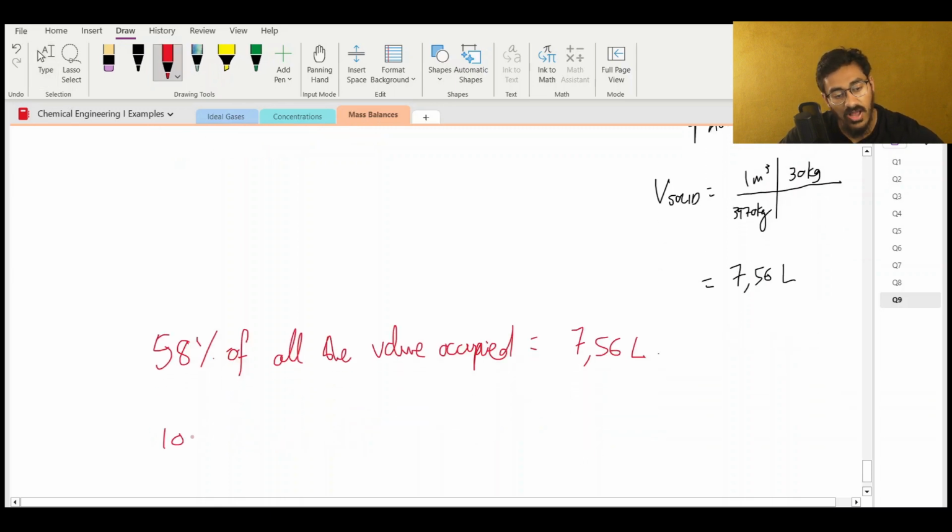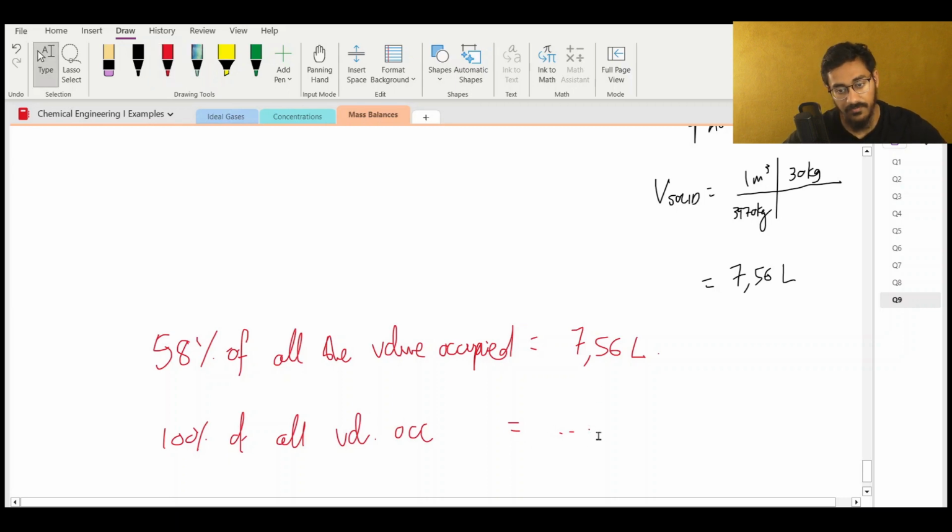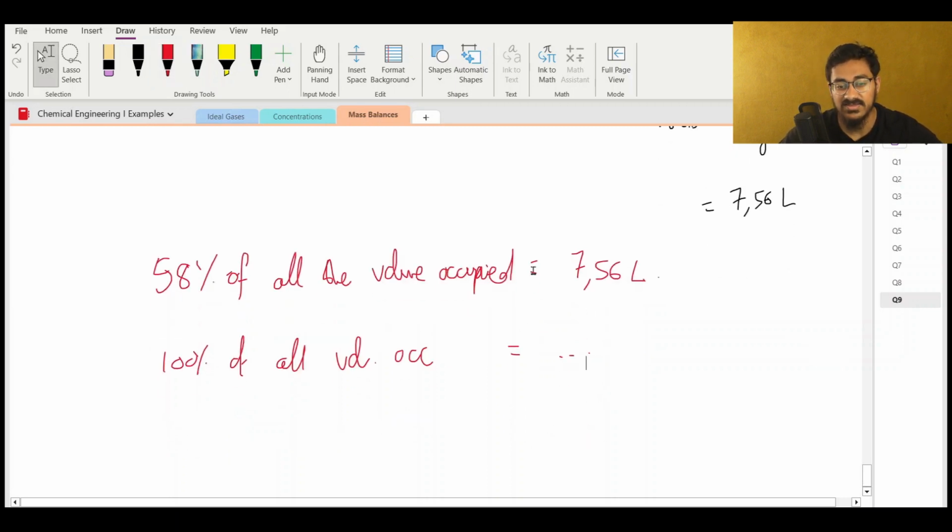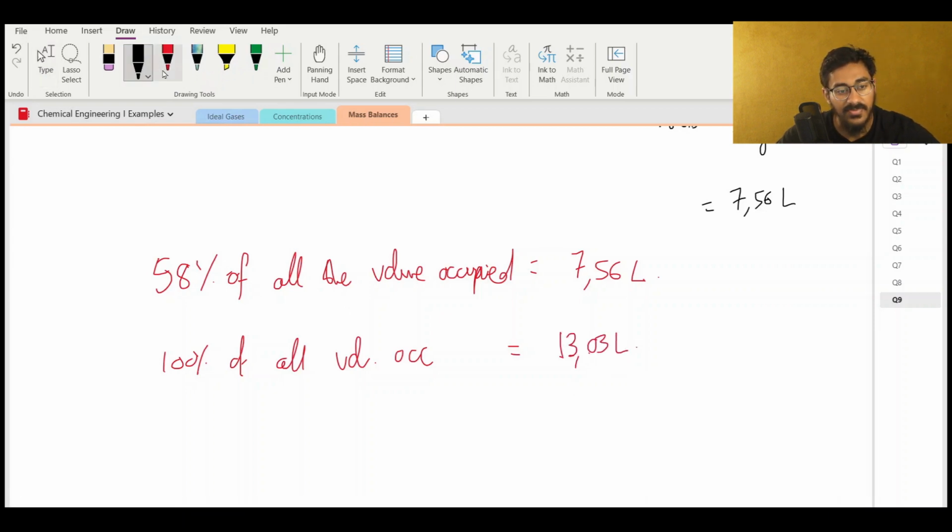And then you can say, therefore, 100% of all the volume occupied is equal to some unknown amount, which you can solve for. But doing it like this is intuitive, which is okay. So you can say, all right, what's 7.56 divided by 58%? And then times 100%, right? Which is 13.03 liters. Okay, but that's fine.